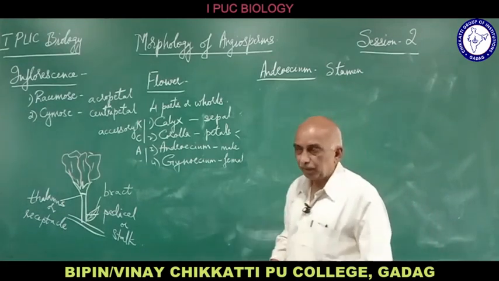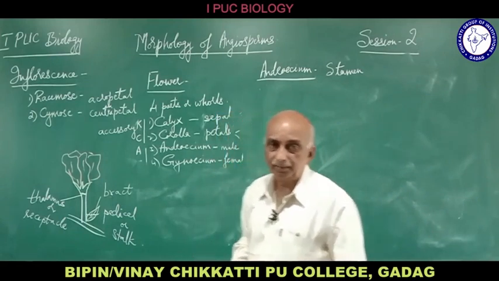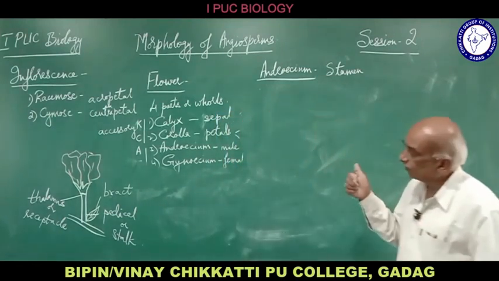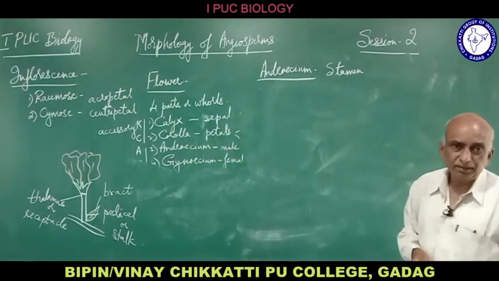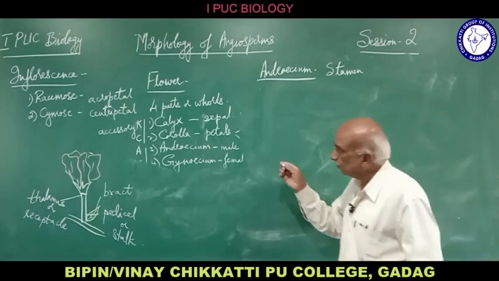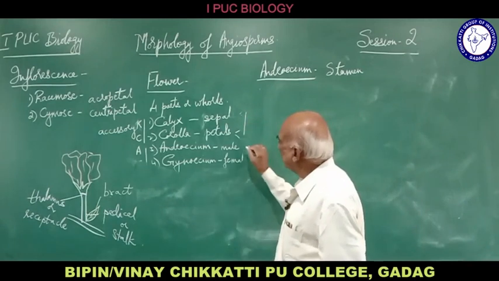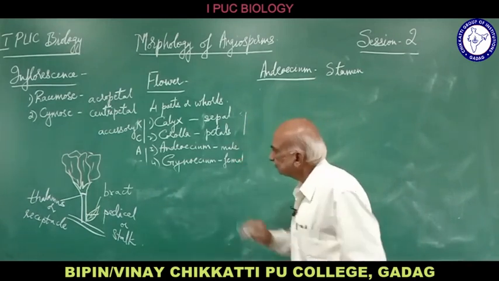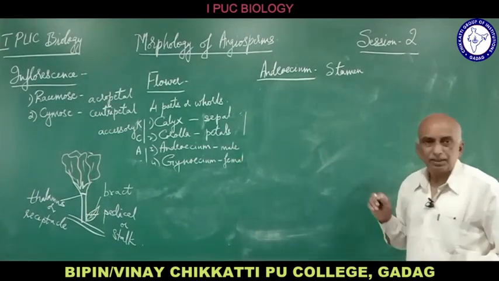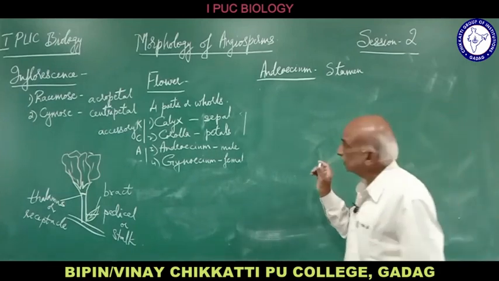So actually the corolla is the part of the flower which helps in attracting insects for pollination. Now this calyx and corolla usually support, and that is why they are called the accessory whorls.